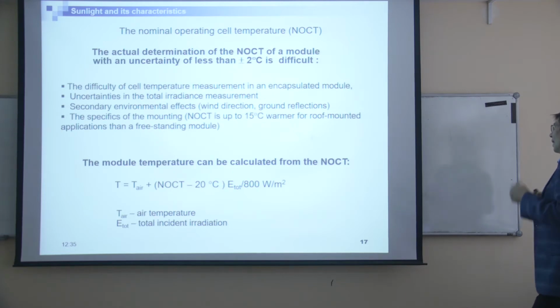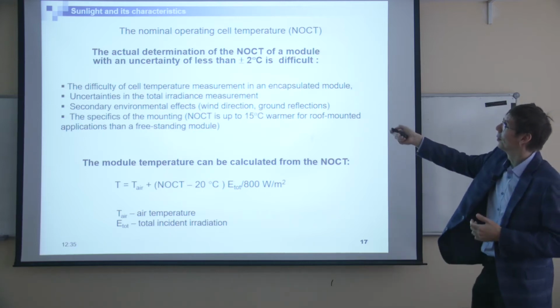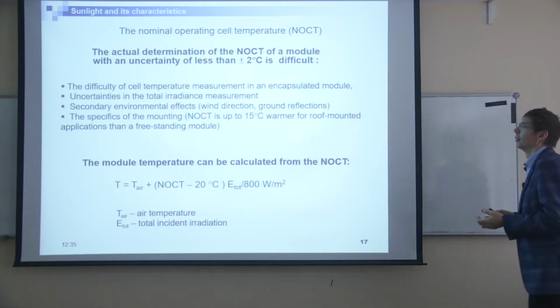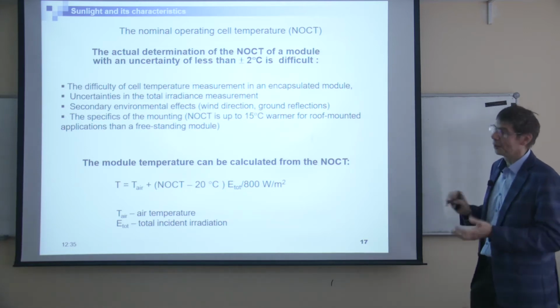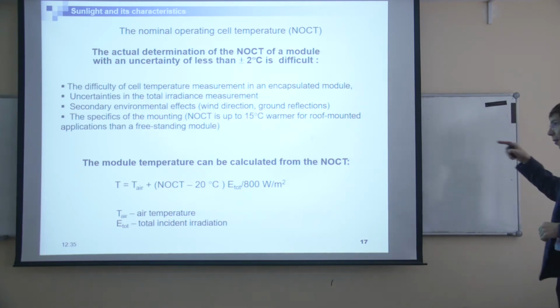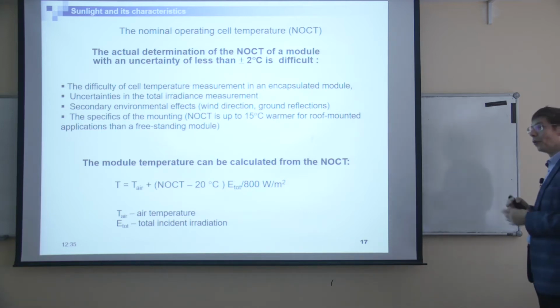you should be a little bit careful with this value, because actually it's quite hard to determine this nominal operating cell temperature with precision better than plus minus 2 degrees. That's why I was a little bit skeptical about this value of 48.4 degrees.